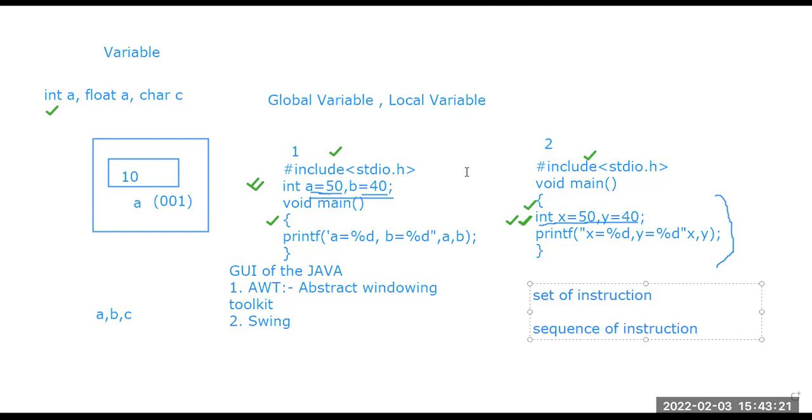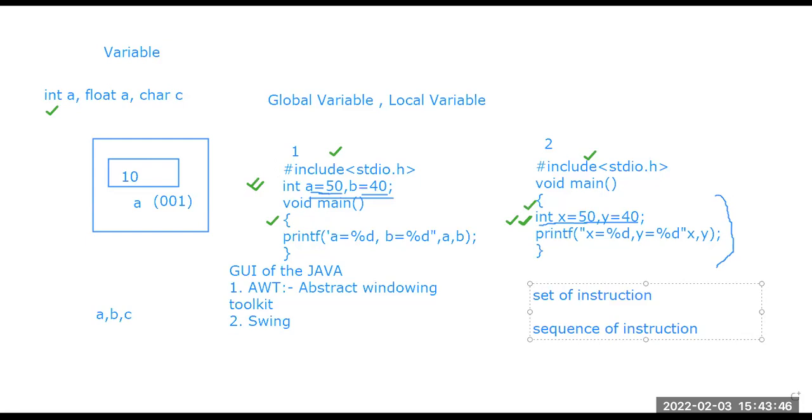Because a set of instructions means we can write any type of instruction. Suppose initially we write printf ABC, then int AB, then a hash loop dot. Would it mean anything, would it help, or would the program actually execute anything?